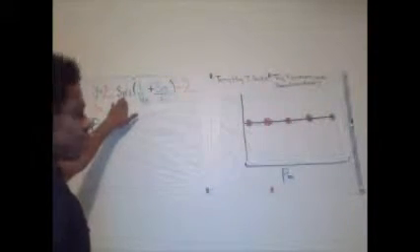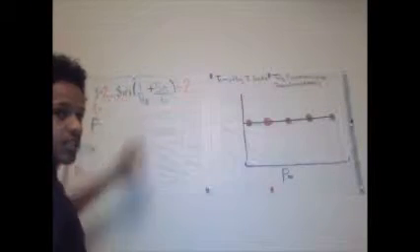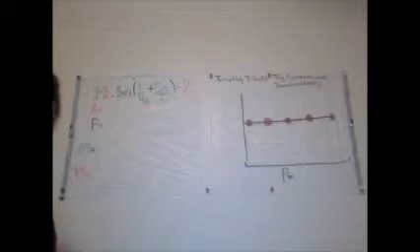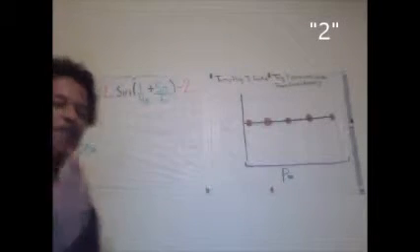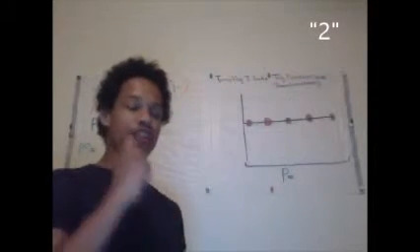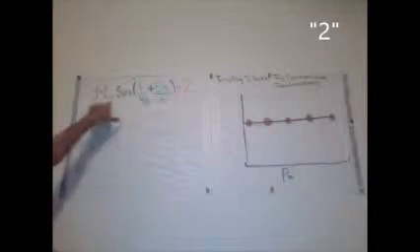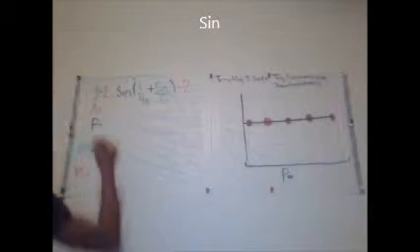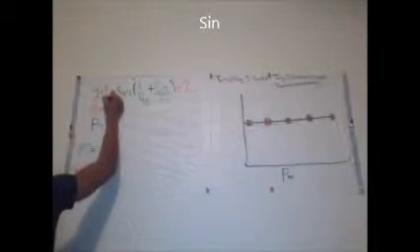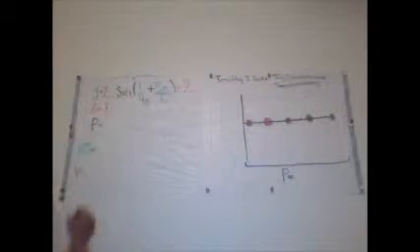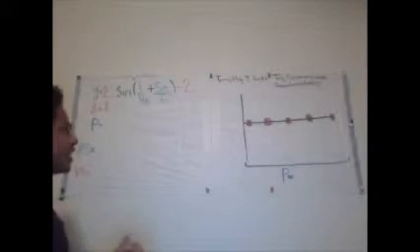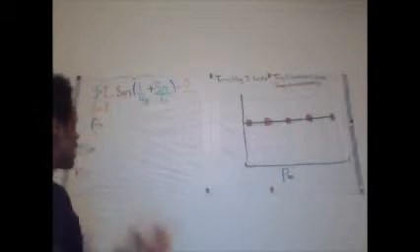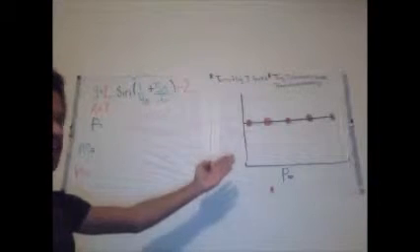Our amplitude is before sine. Can you guess what number that would be? If you said 2, you are correct. 2 is before sine. So our amplitude will be 2. Now, the second you find your amplitude, it would be pretty nice to put it on your graph, correct?